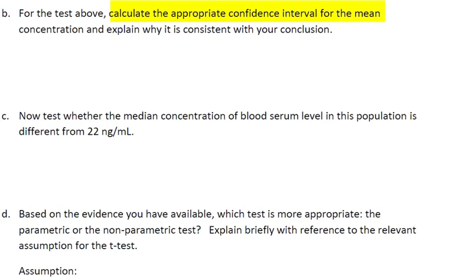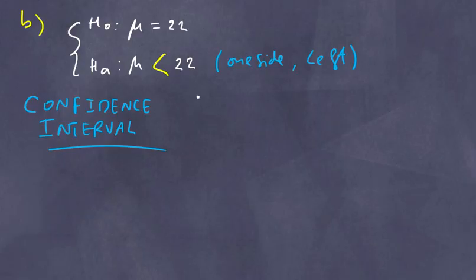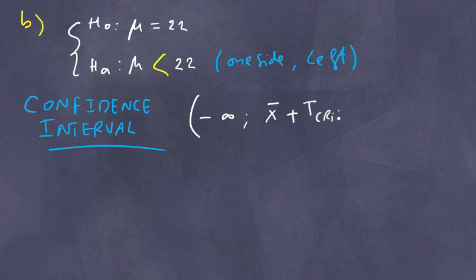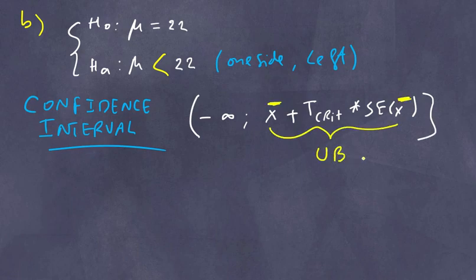The appropriate confidence interval corresponding to this hypothesis test is the following: negative infinity to x bar plus t crit times the standard error of x bar. And this is an upper bound.